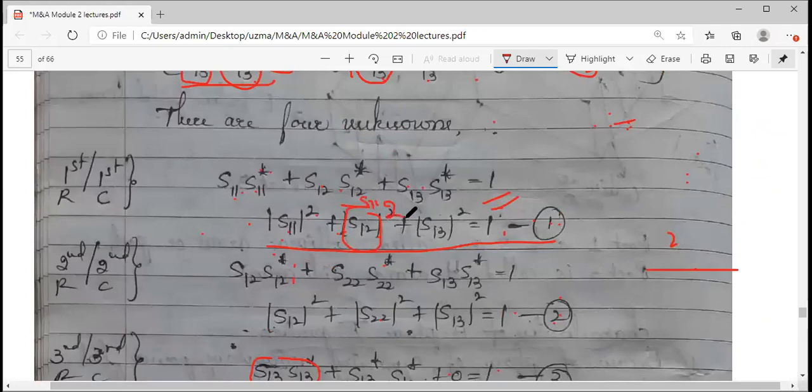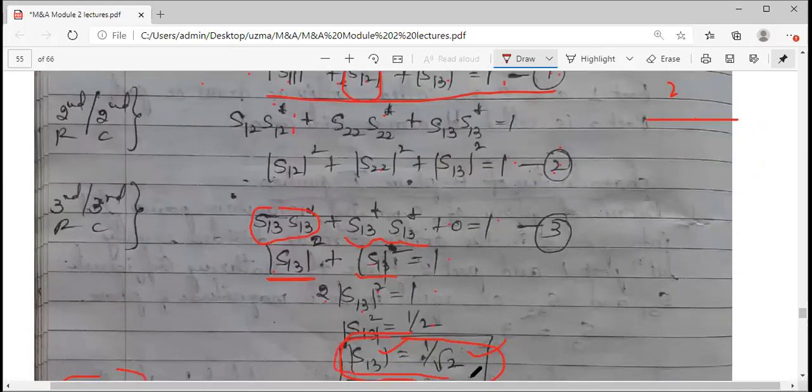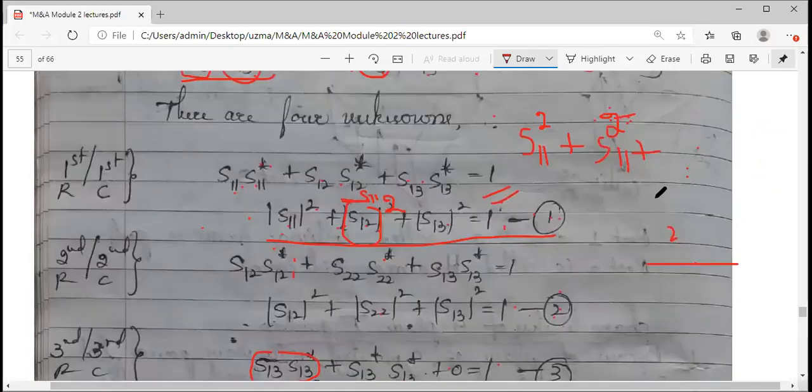But anyhow, it is a square term, so it's okay not to consider the negative sign, because anyhow we have a square power. So how will the equation be? S11 square, first term, plus the second term, again S11 square because we have substituted, plus S13. Just now we have calculated what S13 is. It is 1 by root 2.